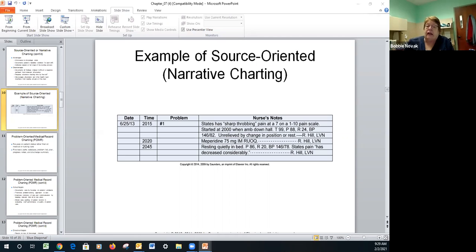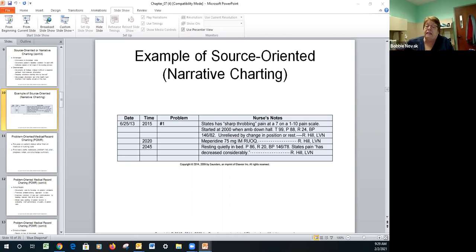At 2015, the patient states that they have a throbbing pain at a 7 out of a 1 to 10 scale. It started at 2000 when ambulating down the hall. We have vital signs, and the pain is unrelieved by change in position or rest.